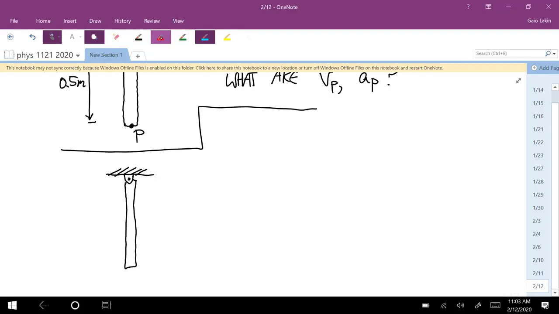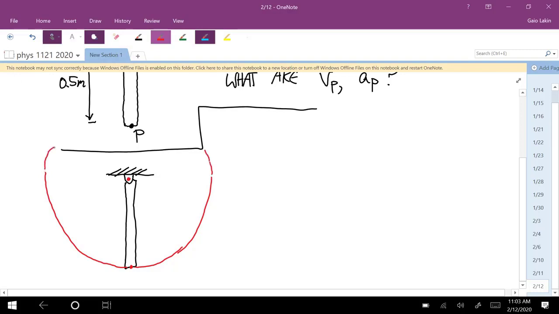So this point P is going through a circular path around that hinge. Any point that you followed around of that rigid body would be following a circular path around that center. The hinge is the center of the circular motion.